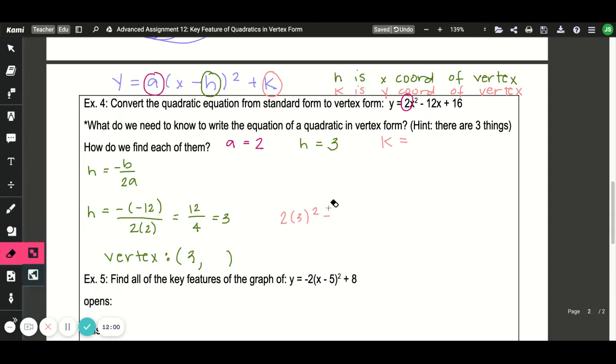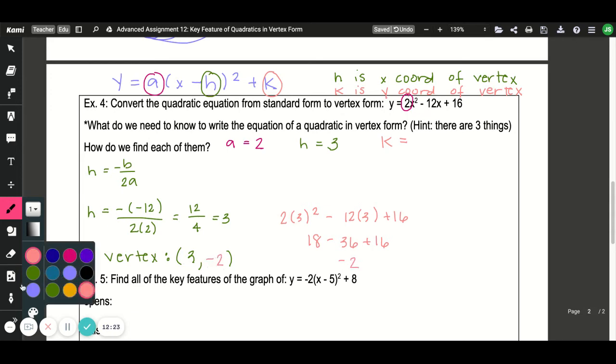That was a minus. So we get 9, 18 minus 36 plus 16. 34 minus 36 is negative 2. So 3 is our h and negative 2 is our k.